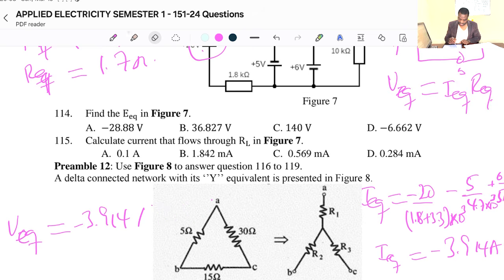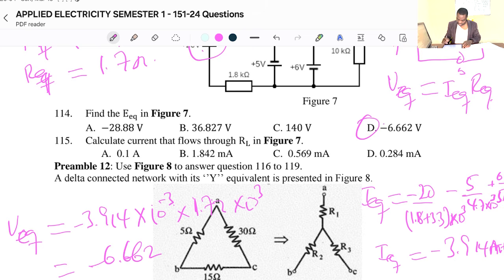Here will be milli, alright. So times 1.72 times 10 to the power 3, which is kilo. So that will give us the answer to be minus 6.662. So that will give us D.